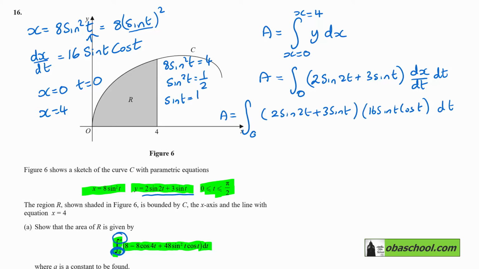Sine t is equal to 1 over root 2. Note the restriction on t, so it can't be anything else. And then that would give us that t is equal to pi by 4. So the top limit is pi by 4. And so we can state that the constant a is pi by 4 at this stage.